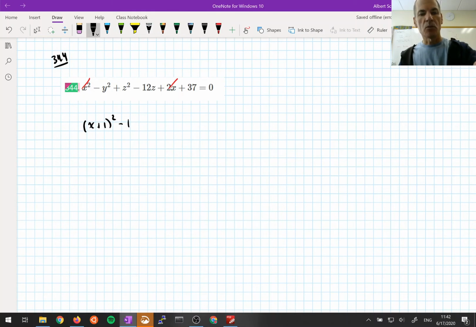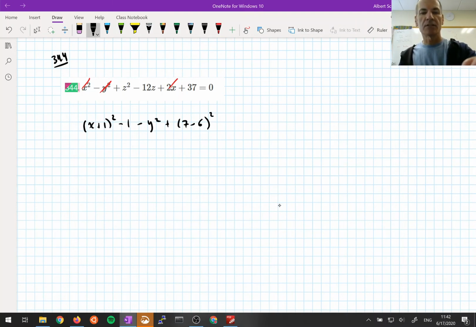Doing that takes care of these two terms. There is no other y squared, there is no other y term, so I'm just going to carry the y squared along right now. There's no completing the square that's necessary. The z squared part, there are a couple of z terms, so we'll write z minus 6. Minus 6 is just half of minus 12, the coefficient on z. We square that.